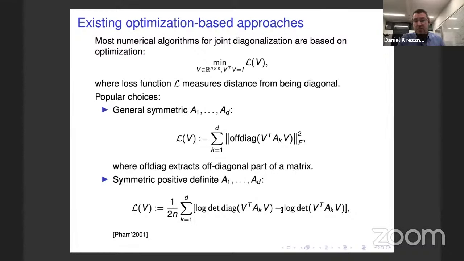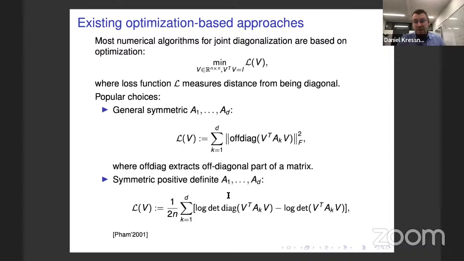And if you look at this a bit longer, you will see for a symmetric positive definite matrix, this becomes zero if and only if the matrix V transpose AkV is diagonal. And when you want to learn something about multivariate Gaussian distributions, arguably this criterion is better suited.